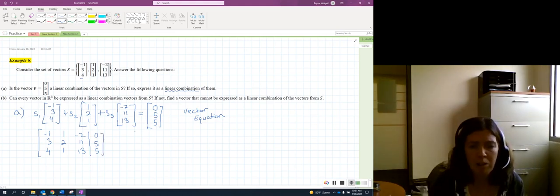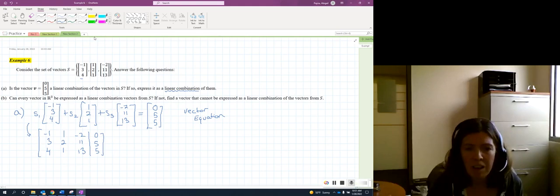For a little background on how I get from here to here, I would set up a system of equations. Let's do the arithmetic on the left side: S1 times each entry in this first vector, S2 times each entry here, and S3 times each entry here, and then take the sum of all of those terms.